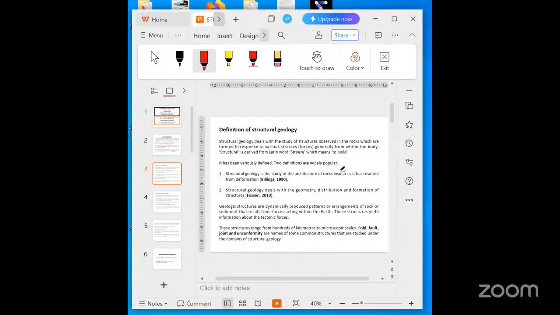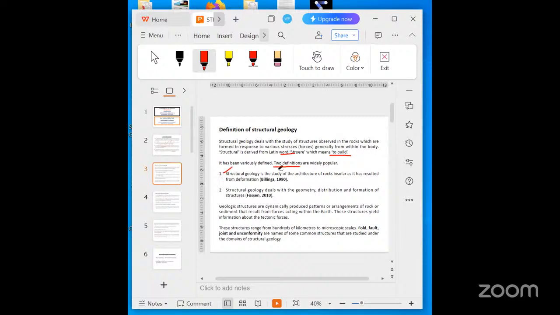Now the term structural is derived from a Latin word, that is, Struere, which means to build, right? To build. It has been variously defined, and two definitions are here.